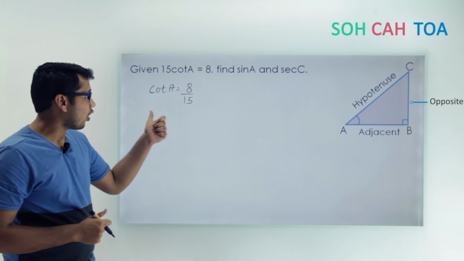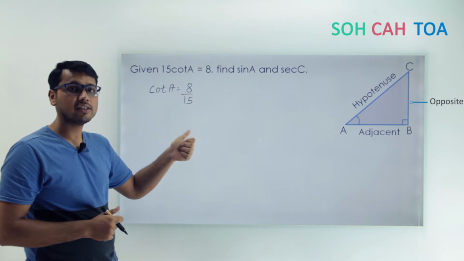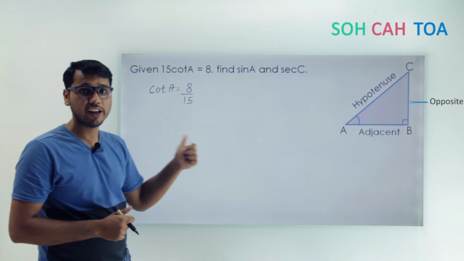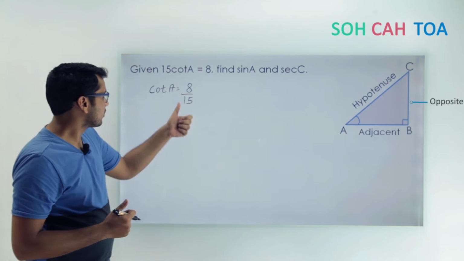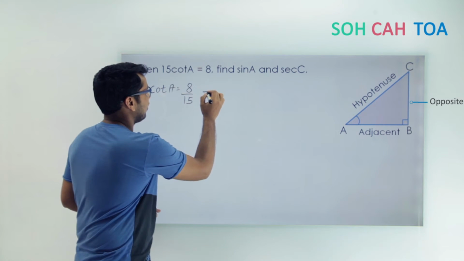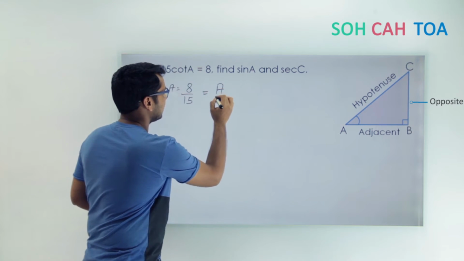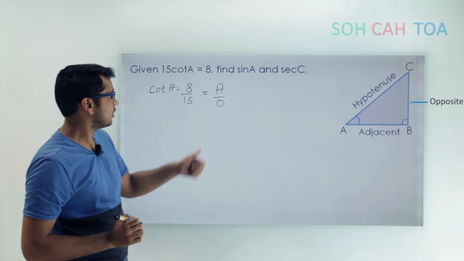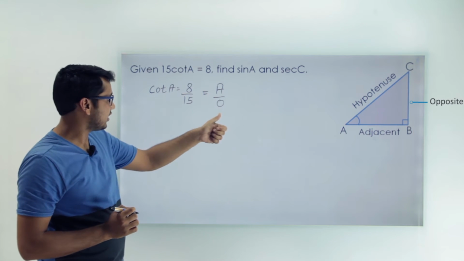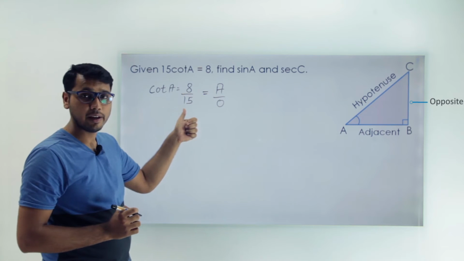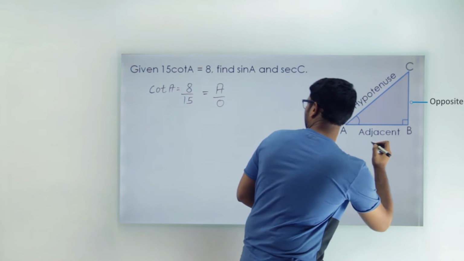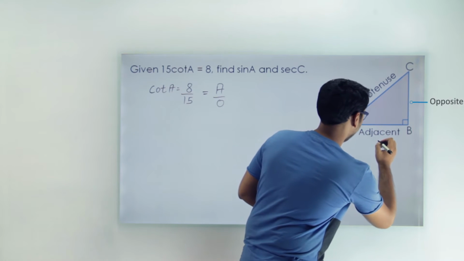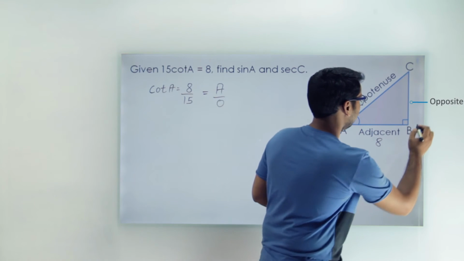So cot theta or cot A is 1 upon tan A, so it will be adjacent upon opposite. Put the values: adjacent will be 8 and opposite will be 15. So let's write down: AB will be 8 and BC will be 15.